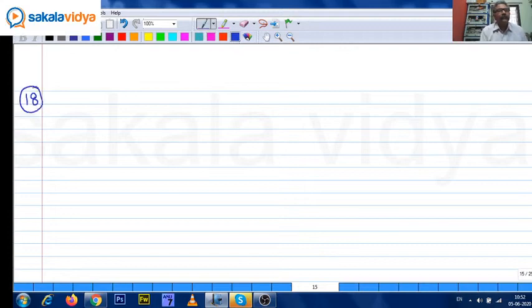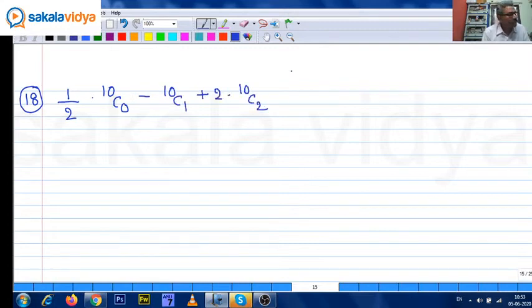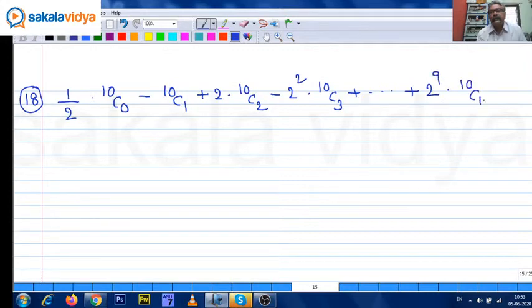18th question. One by 2 times 10C0 minus 10C1 plus 2 times 10C2 minus 2 square 10C3 plus so on, dash dash, 2 to the power of 9 times 10C10 equals to?